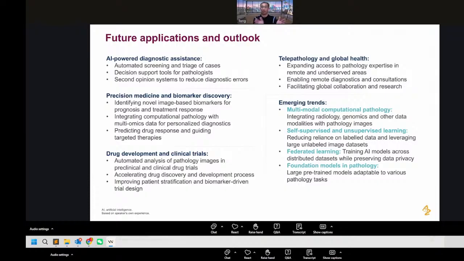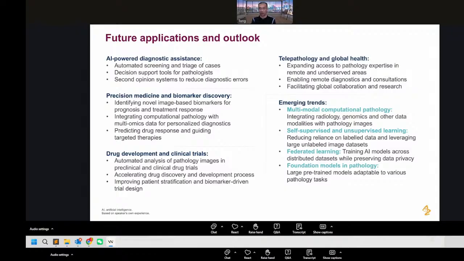Currently, I have already introduced some of the models and how the clinical applications are working, and the direction we're going with AI computational pathology. But there are many other things we haven't talked about. For example, one big benefit of digital pathology is telepathology, so you can get a second opinion.